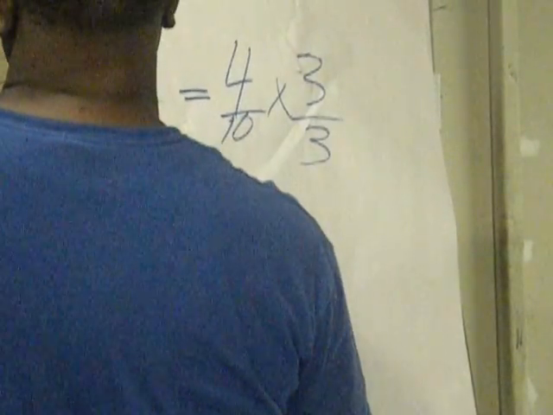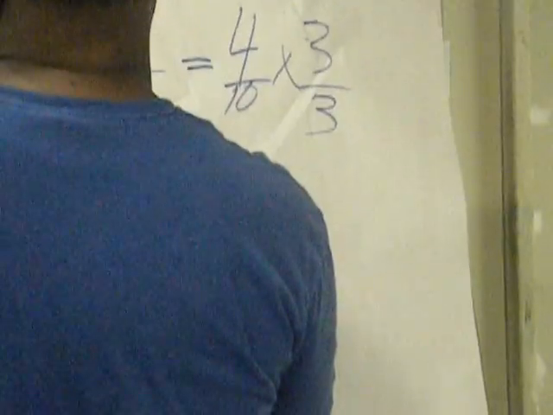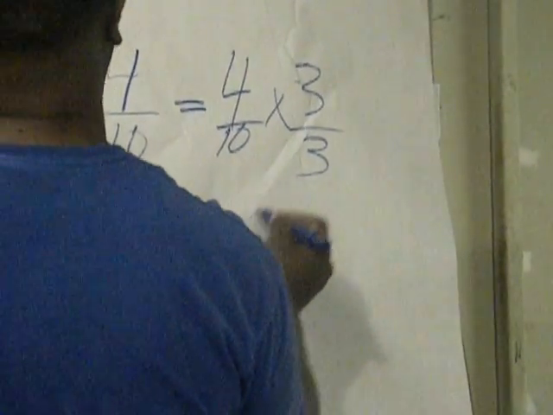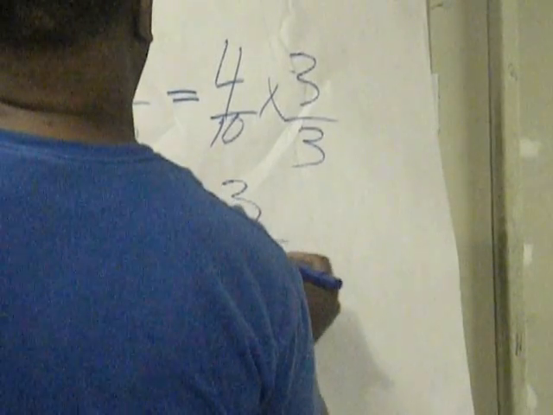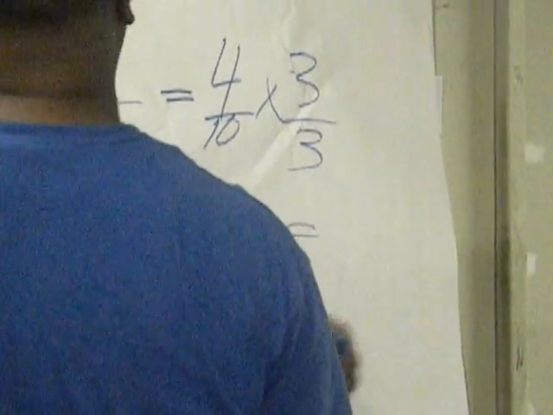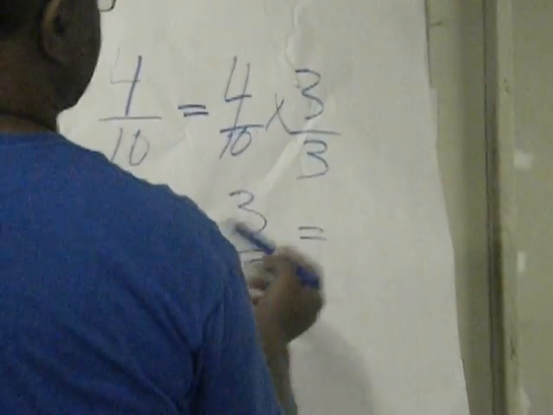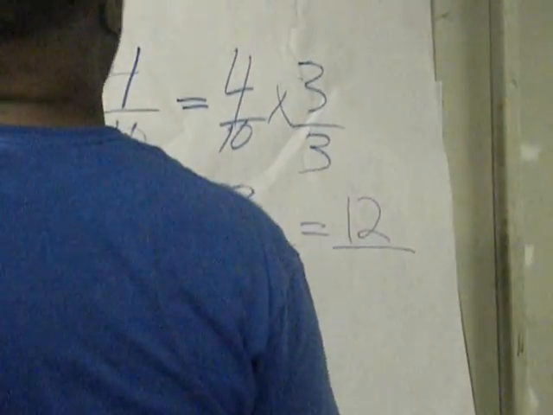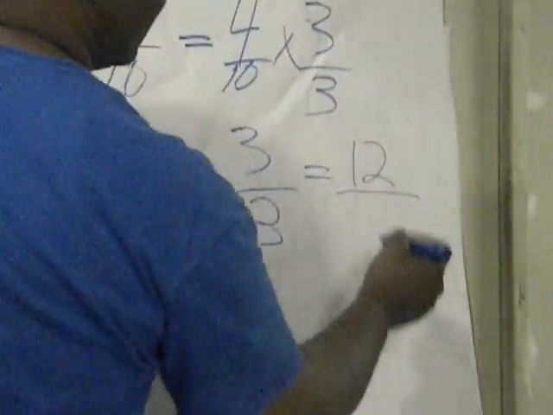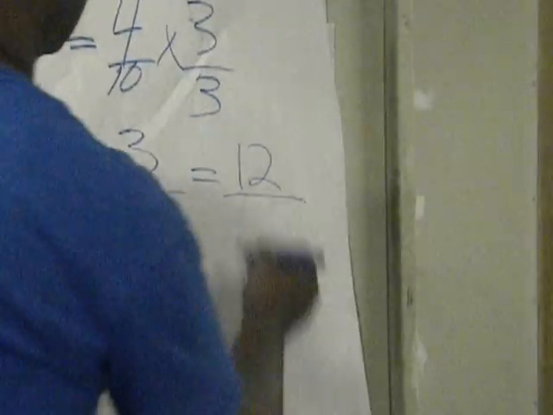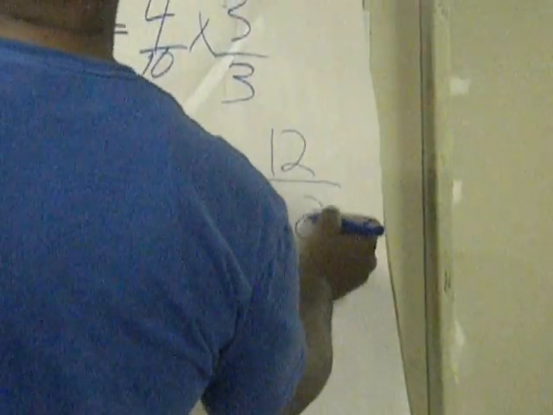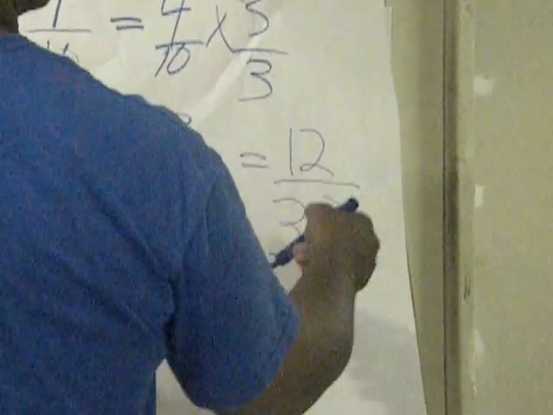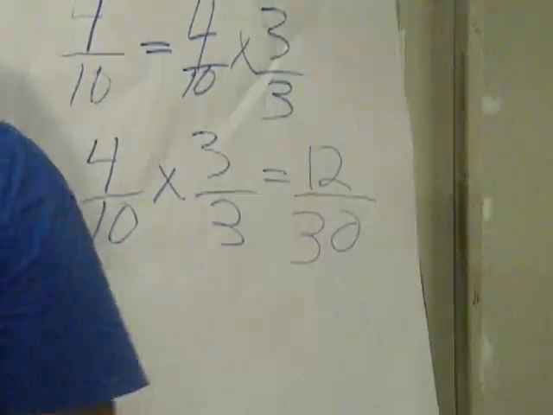So we'll say it equals 4 over 10 times 3 over 3, then we'll multiply again. 4 times 3 is what? 12. 10 times 3 equals what? 30. So again, everything is equivalent to 12 over 30.